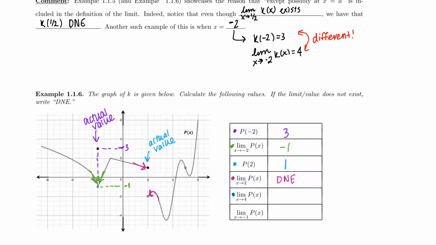Excellent. So, approaching, 4 is right here. And if you look coming from the left, it looks like we're approaching -2. And then coming from the right, it appears like we're approaching -2. So from either direction, it looks like we're approaching the y value -2. So that's the value of the limit.